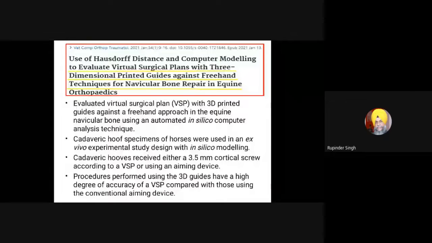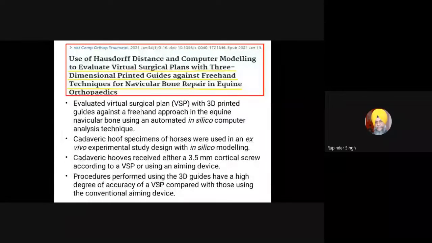They used a cadaveric foot. They did the CT scan, created the model, then tried to place the screw and checked the accuracy. Is it better? They found that yes, it is. This technology is beneficial. Maybe in future, such technology should be encouraged.